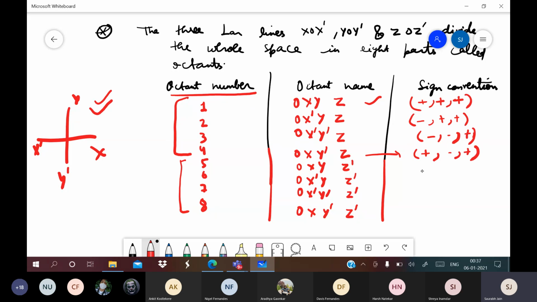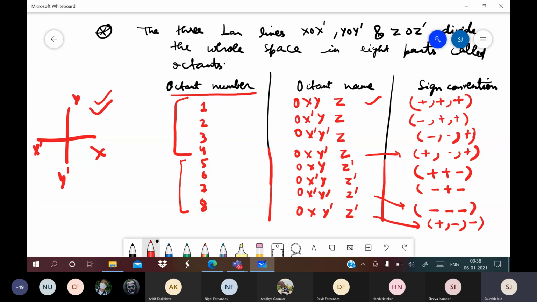Okay, now repeat this with the last coordinate as negative, right? So plus plus minus, then minus plus minus, then minus minus minus, and finally the last one, plus minus minus. I hope you get it. Okay, first four octants z positive, next four octants z negative.